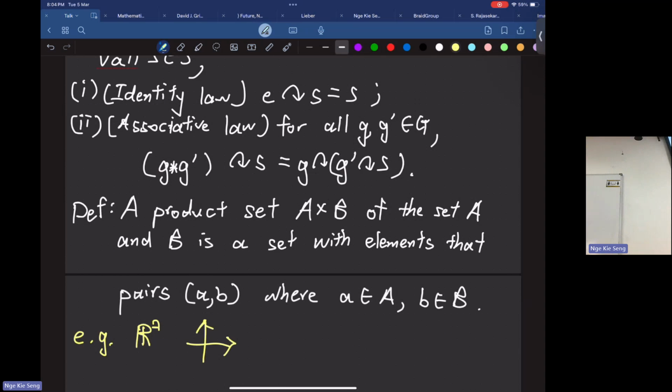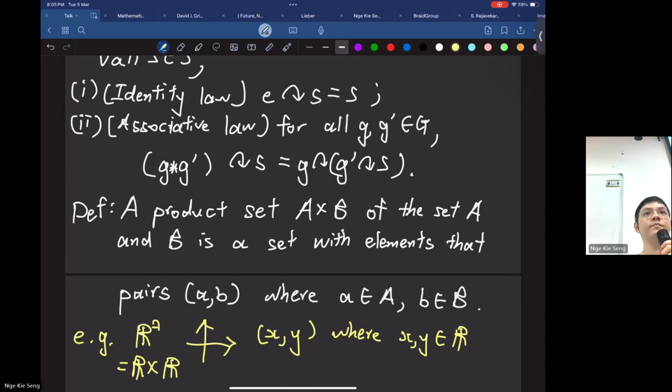These are the points on the plane. How do you describe the points in R2? It's a double (x, y), where x, y is in R. So in this case, A and B are all real numbers. Does it make sense? Sometimes we write it as R cross R.